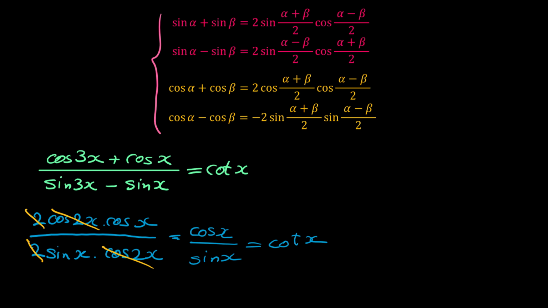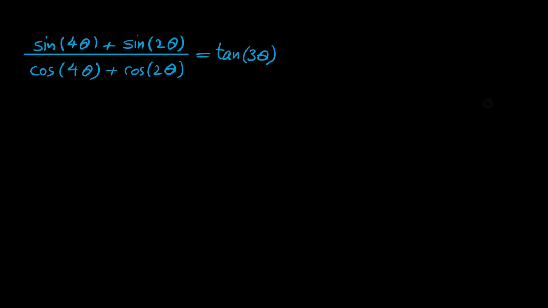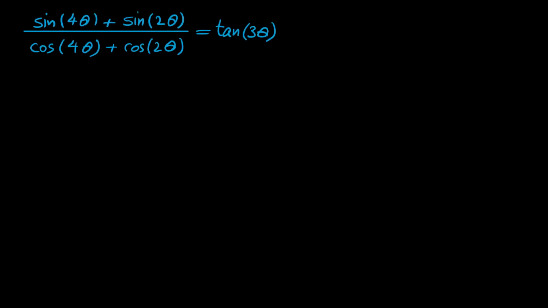Let me show you another example. We want to prove that sine of 4 theta plus sine of 2 theta over cosine of 4 theta plus cosine of 2 theta is equal to tangent of 3 theta. For the numerator, we need to use the formula in the form of sine of alpha plus sine of beta.